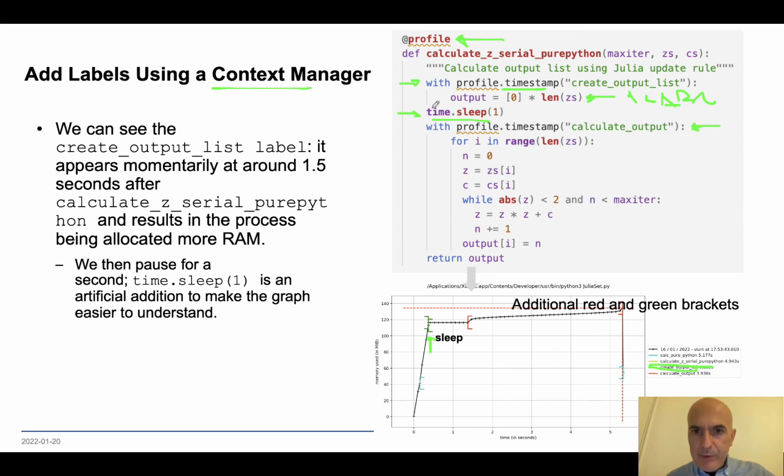Then we have a time sleep, that is this 1 second here, and then we add one timestamp here when we start this for loop to go through all the pixels, and this is going to add this red bracket here. As soon as it's finished, you add another bracket here. So this part here is the part doing this profiling.